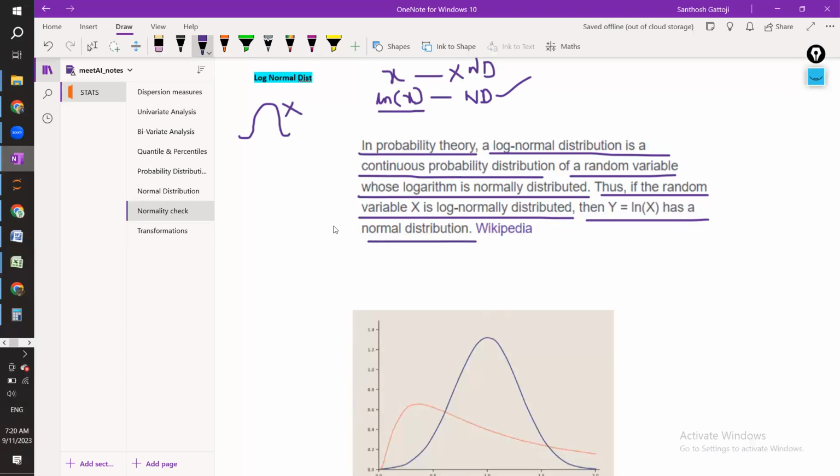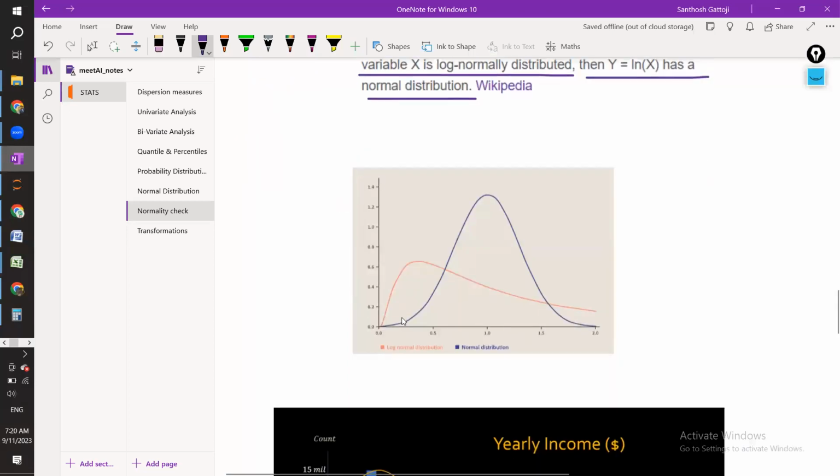But in simple words, a lognormal distribution is a kind of right skewed distribution, guys. Try to understand. It will be right skewed. If you see, this is the normal distribution, and this orange color is the lognormal distribution.